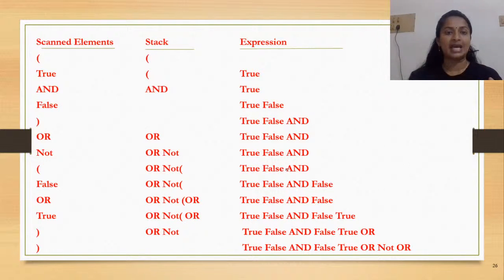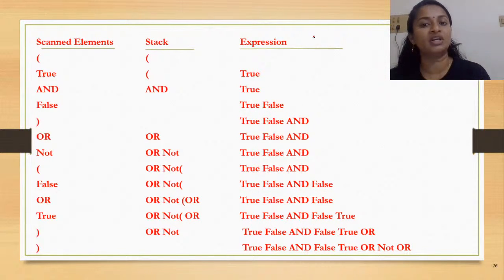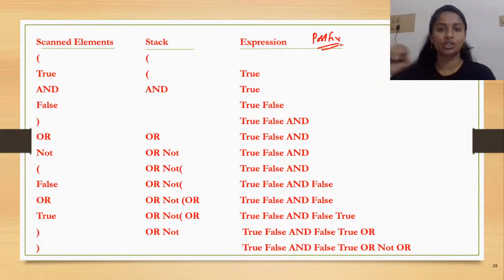You should have the scanned elements in one column, the status of the stack, wherein you would have only either the left parenthesis or the operators inside the stack, and expression is nothing but your postfix notation of the given infix form.